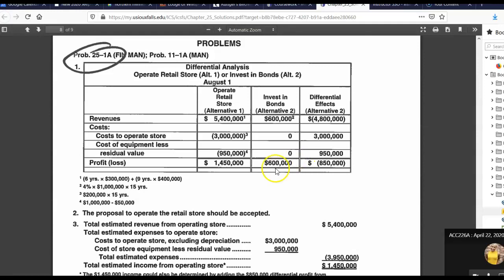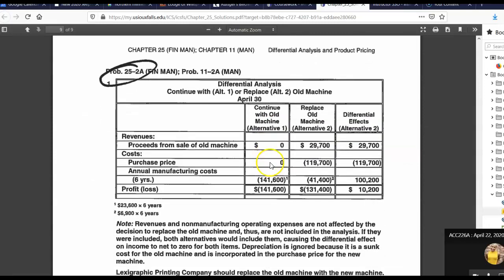And then on problem number 2, we're looking at replacing a machinery. So this printing company is considering replacing a machine that has been used in its factory for 4 years. Relevant data associated with the operation of the old and the new machine, neither of which has any residual value. So you've got the old and the new machine data there. Annual non-manufacturing operating expenses and revenues are not expected to be affected by the purchase of this new machine.